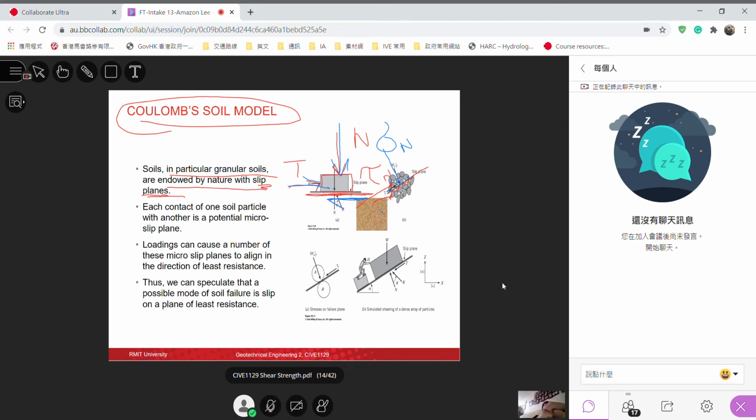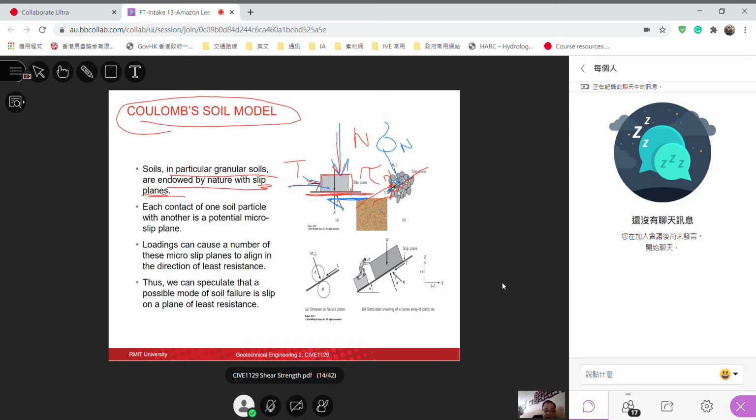From particle to particle, if we have enough shear force, the particles just roll over each other and slip across each other. It's not a bonding, like the particles are glued together, and then if you want to shear, you have to break through this glue along the interface and fail it.